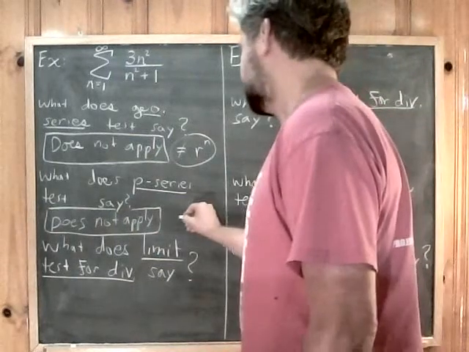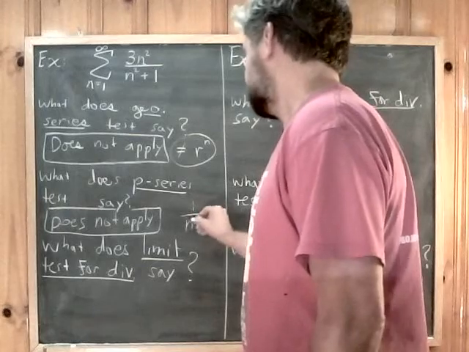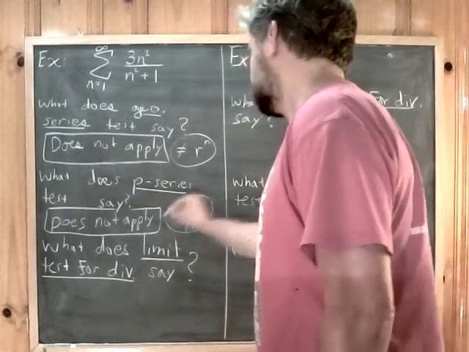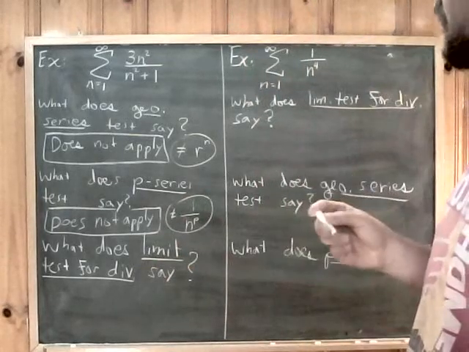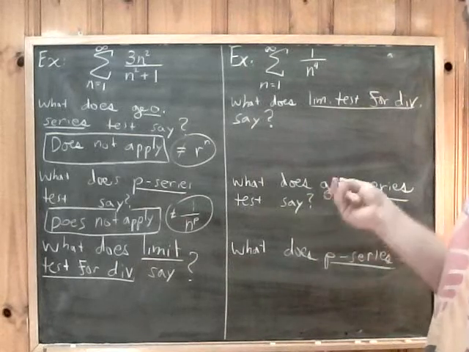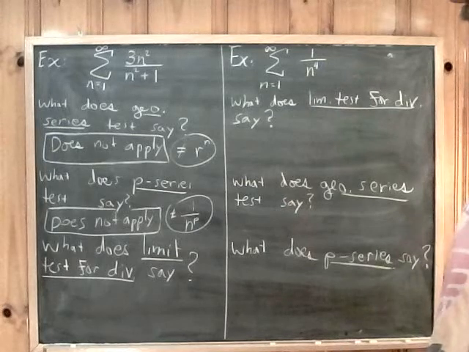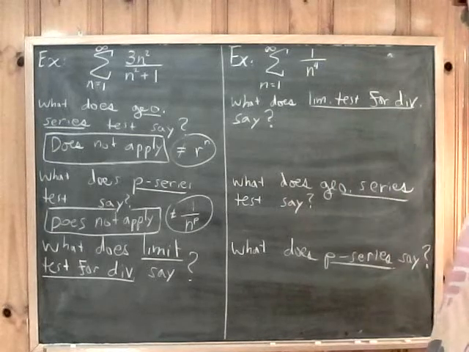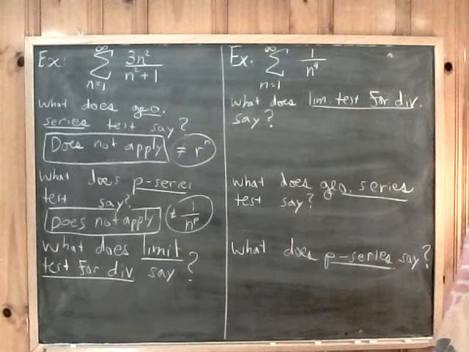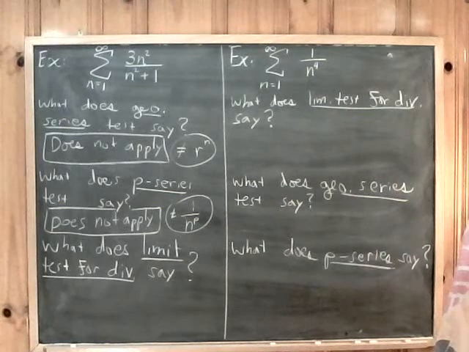It's closer to that. It has n squared, which is almost 1 over n to the p, but it also has n squared on the numerator on the top. And there's no way to cancel in order to get it to look like 1 over n to the p. No algebra can do that, so it does not apply.